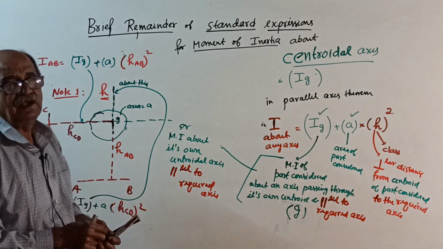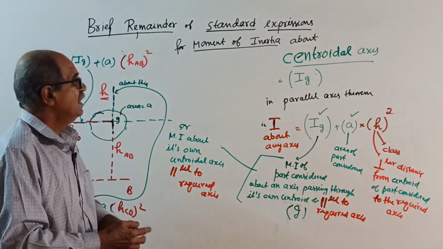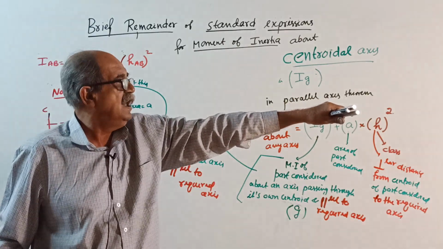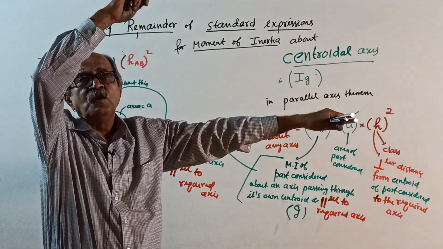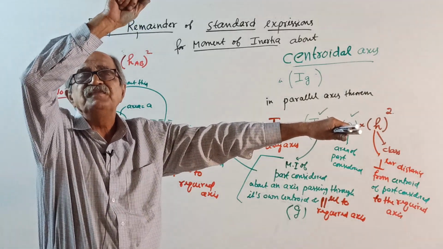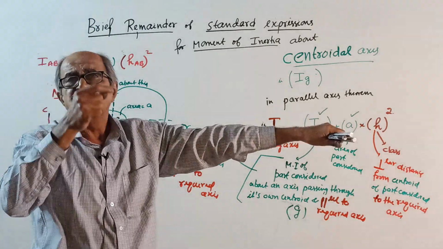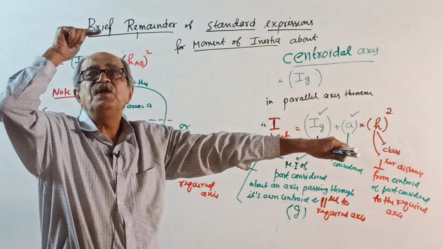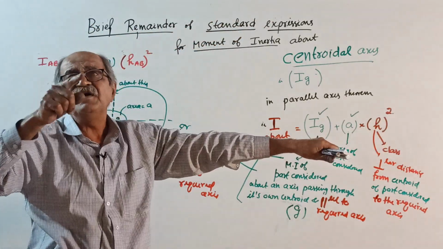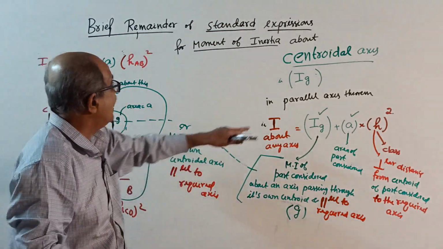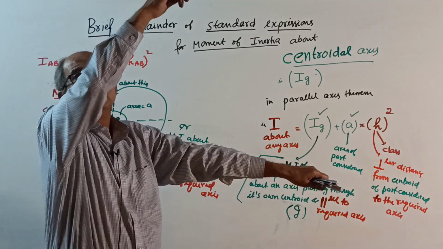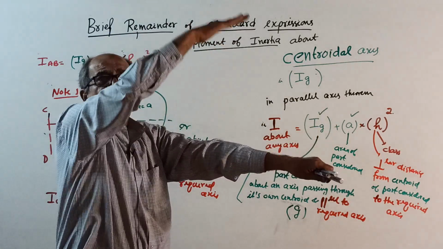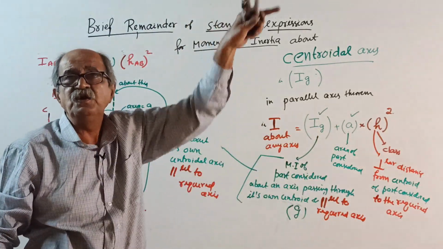This is the reminder. If you want I about any horizontal axis, go to the component, go to its centroid, imagine an axis passing through its centroid parallel to this horizontal axis. Write I about that axis, that is your Ig, plus area into the vertical distance square from centroid to AB, since for a horizontal axis the perpendicular is vertical.